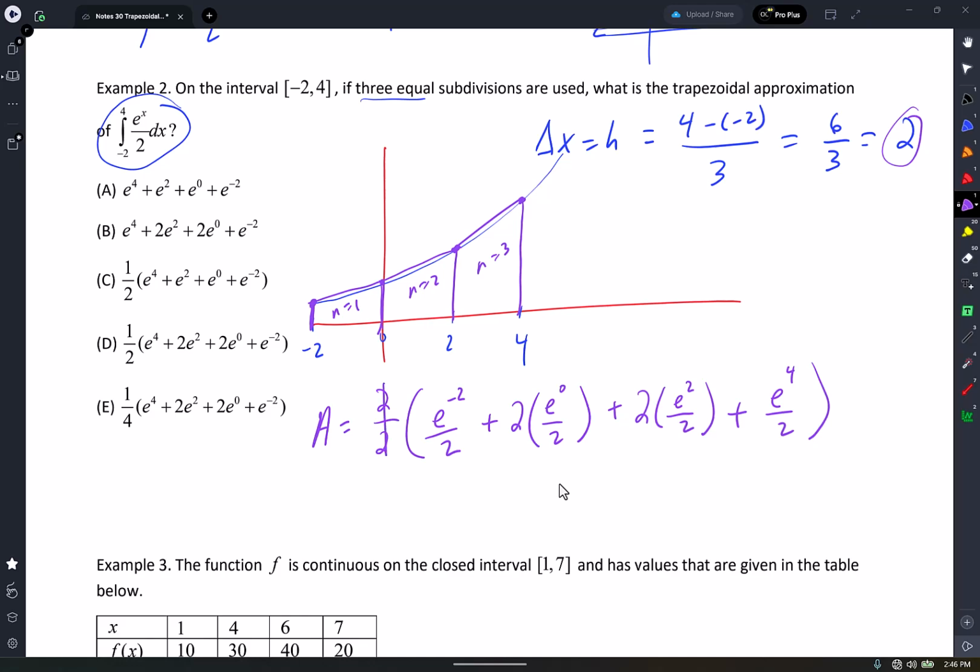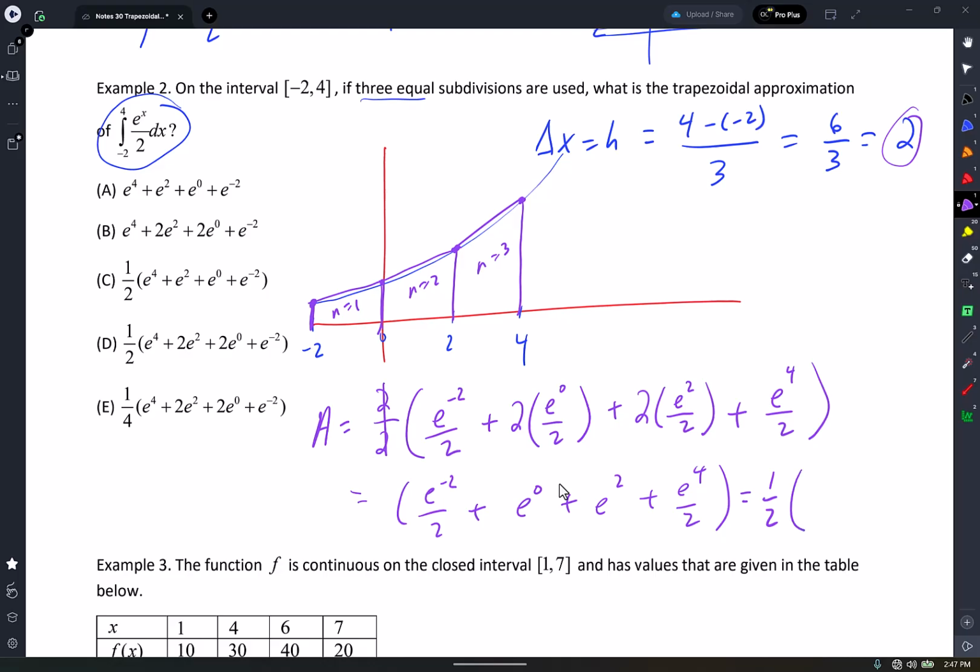And then what do I see? e to the negative 2 over 2, plus e to the 0, plus e squared, plus e to the 4th over 2. So let's look for this first. I see that none of the answer choices have over 2 for the first two, so I'm going to factor out a half.